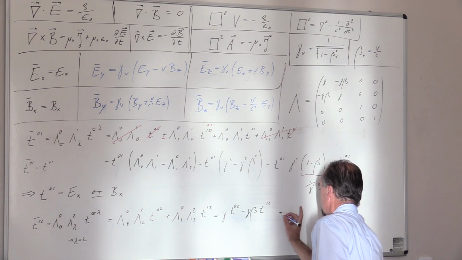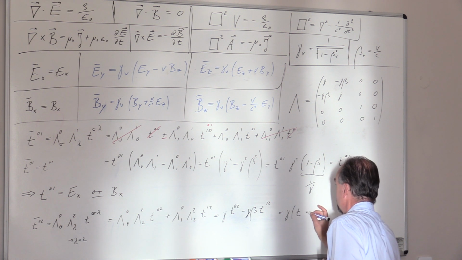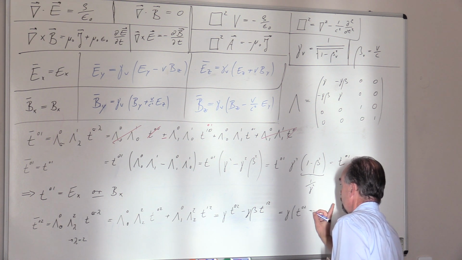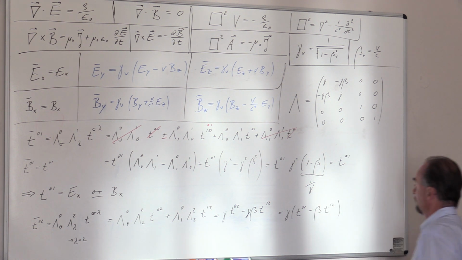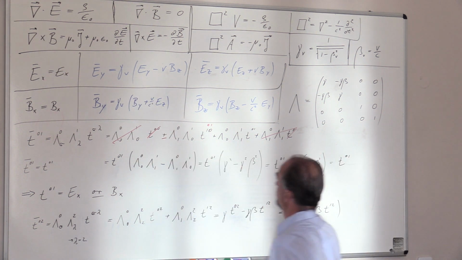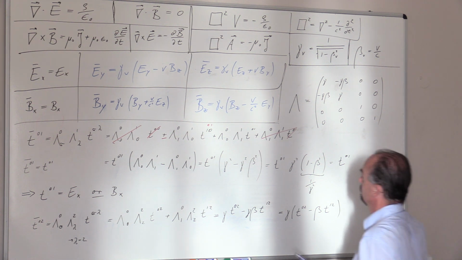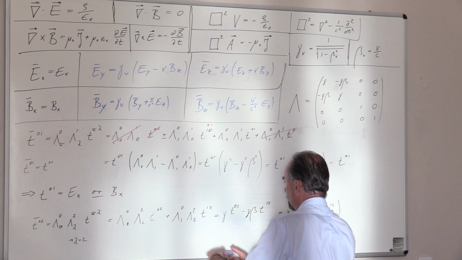Okay, so this is gamma T0, 2 minus beta T1, 2. Alright, see, when we have something like that, it could be something like this, right? Or could be that. So two solutions here.